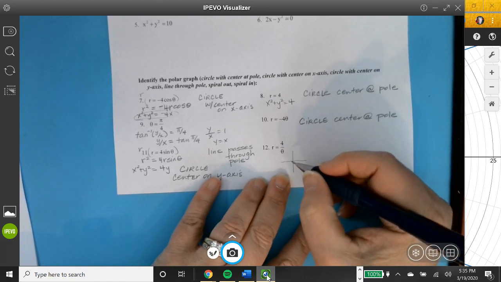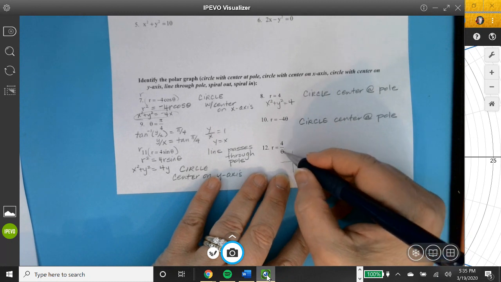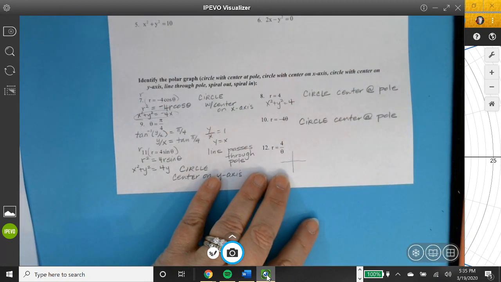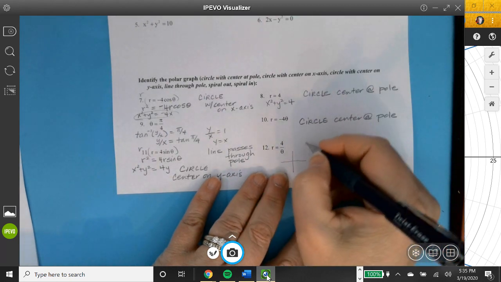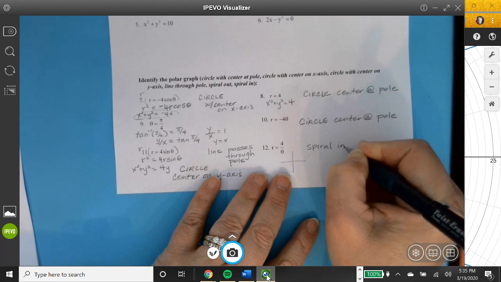Well, r is 0. What happens when theta is really small, like 0? Well, I can't divide by 0, right? That means r is huge. So I believe this is a spiral in.